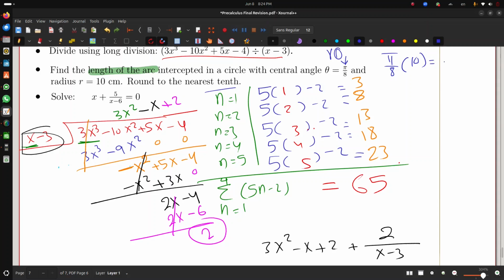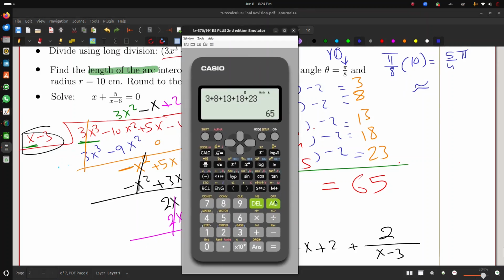But this one first, it will be 5 over 4 pi, approximately equal to 3.9.